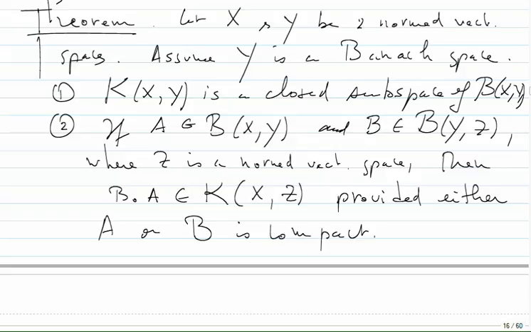So as you can see here, for property number 2, we don't need Y to be a Banach space. Okay, so mostly we need it to show that it's a closed subspace of B of XY.